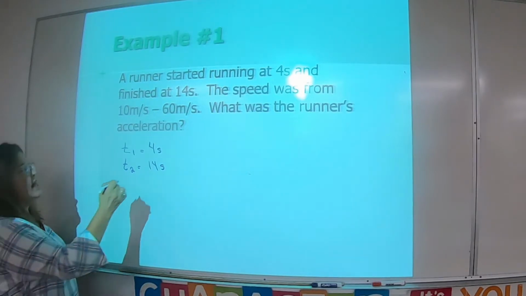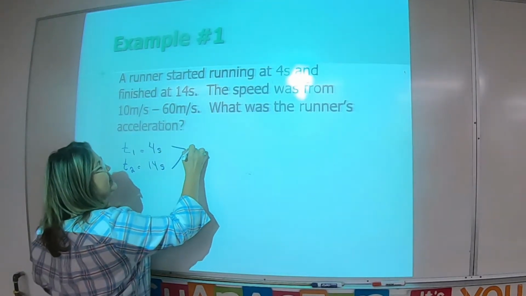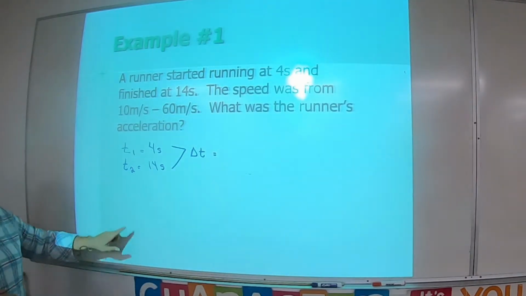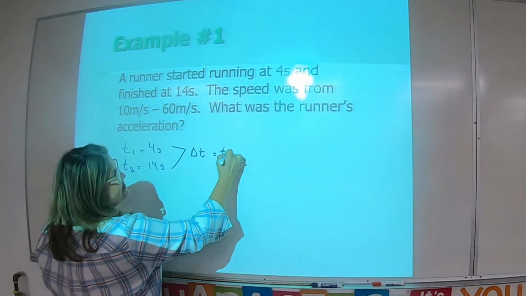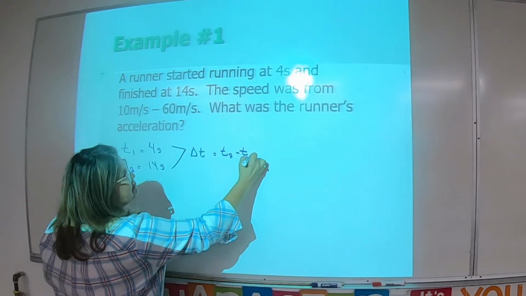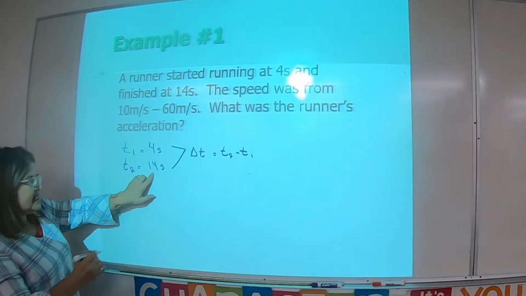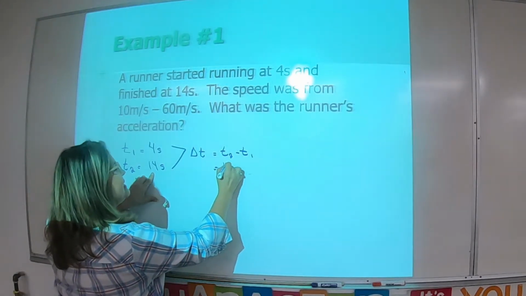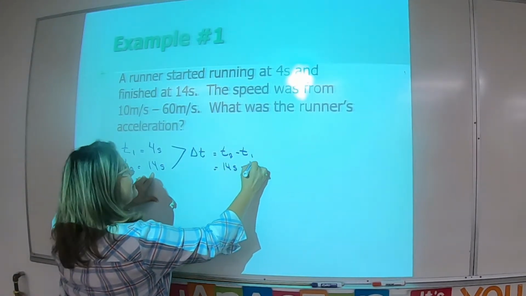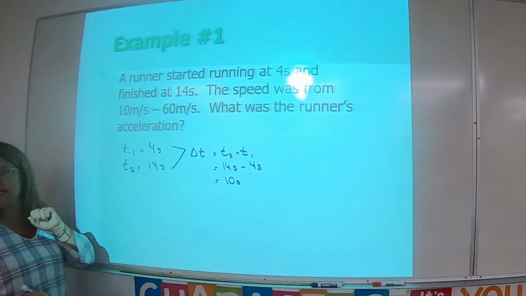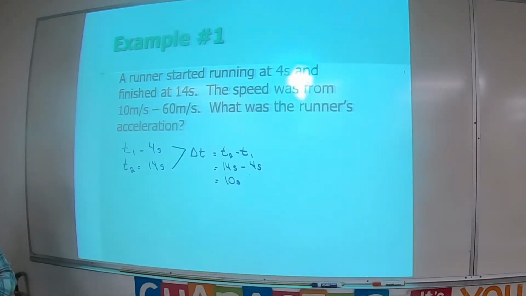Well, I'm going to have to find out what my change in time is. Change in time is your T2 minus T1. So T2 is 14, T1 is 4, so my change in time is 10 seconds.